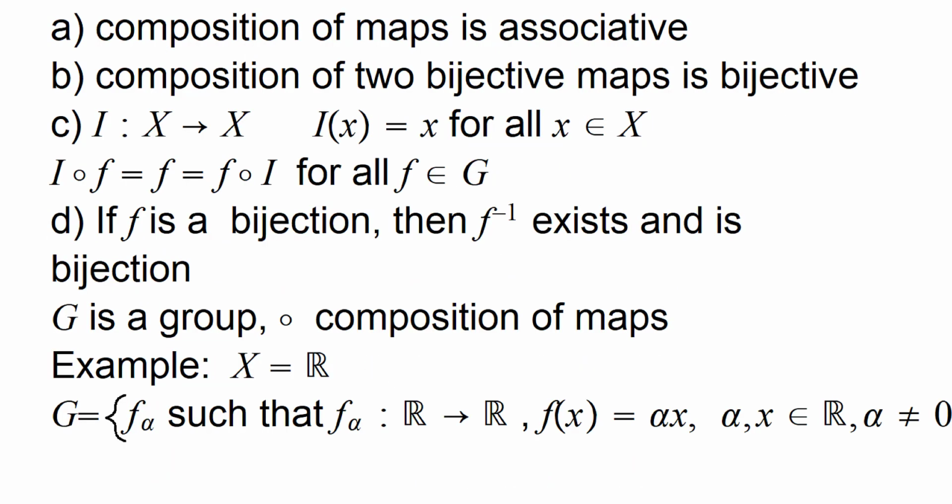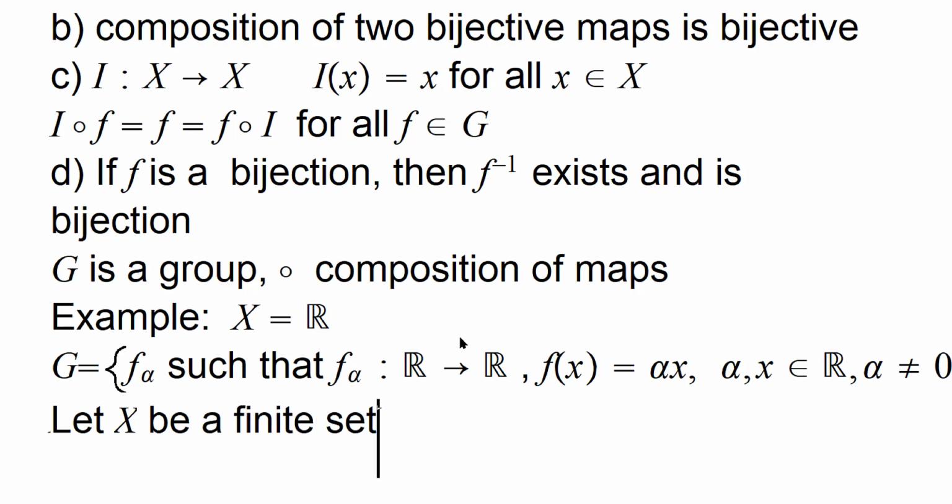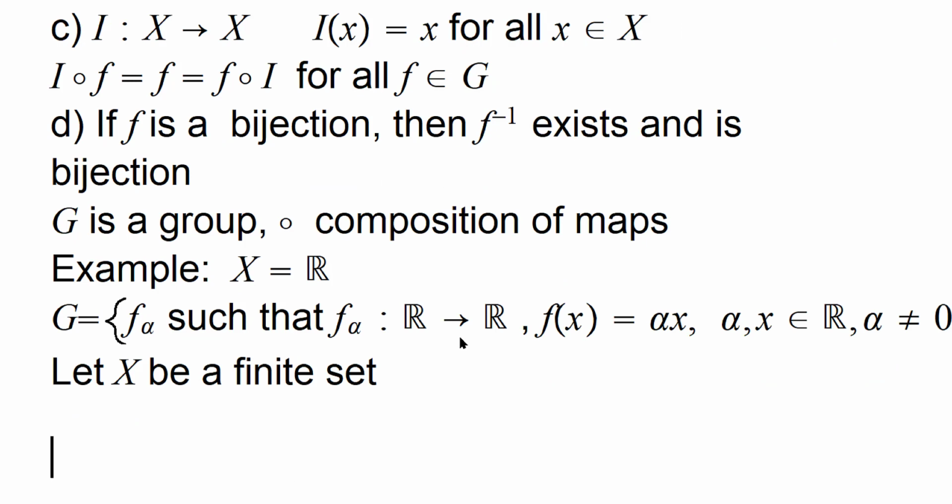For the remainder of this presentation, we are going to focus our attention on the bijections on a set that are finite. We will first look at our sets as finite sets, say with n elements, and number them from 1 through n, and later when necessary, we will use other symbols.